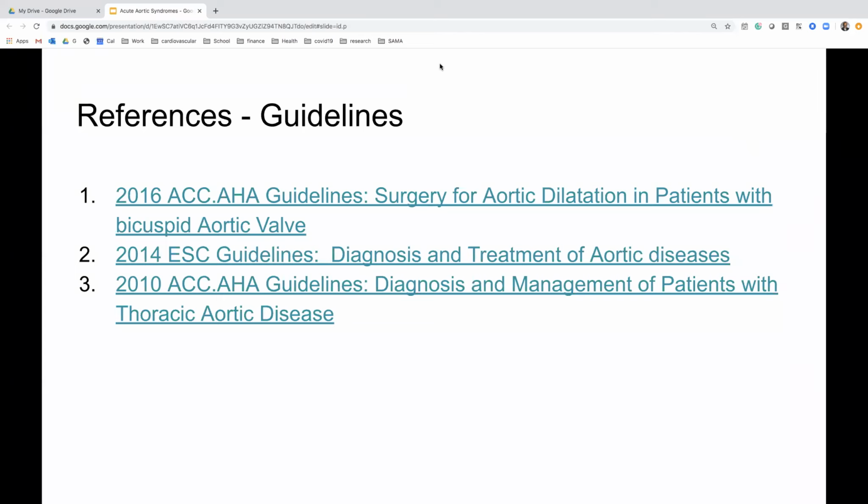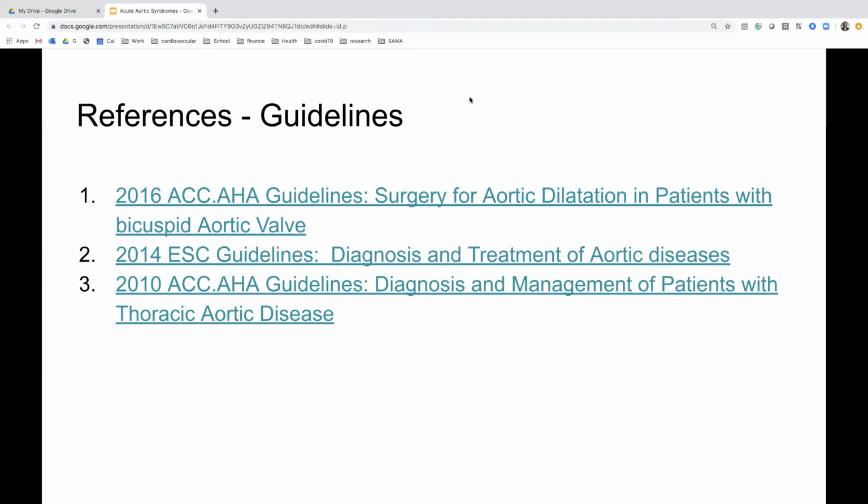That was excellent, Salah. I think that was very enjoyable. You've done an excellent job. I must congratulate you. But one point that I keep reminding myself and everybody: the aorta is a tubular structure.